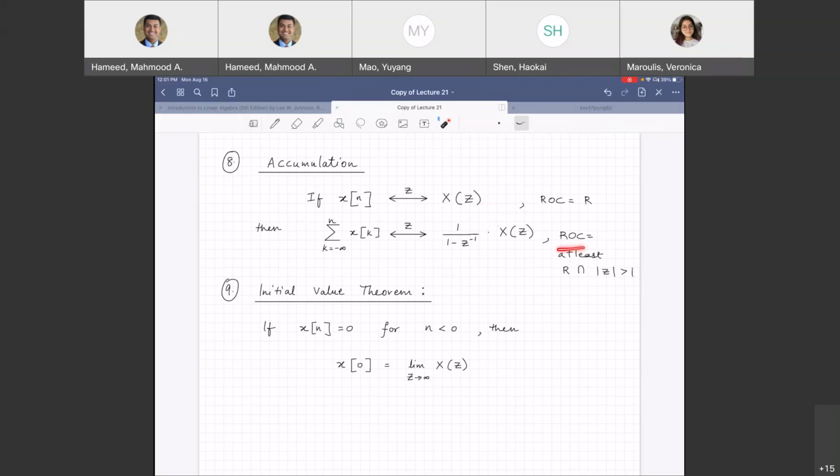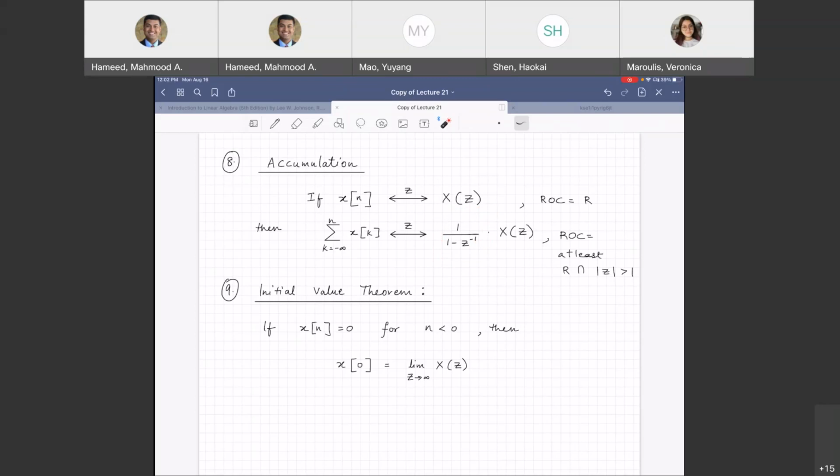And in this case, region of convergence is going to be at least R intersecting with magnitude of Z greater than 1. That is because the elements in X of N are getting accumulated. So adding up all the elements in X of N results in multiplying 1 divided by 1 minus Z inverse, or simply Z divided by Z minus 1 in the Z domain.